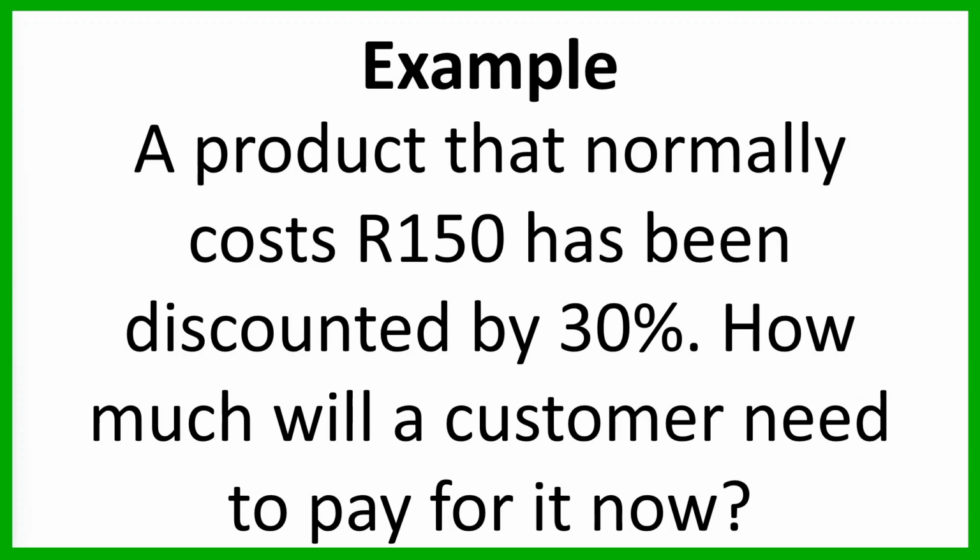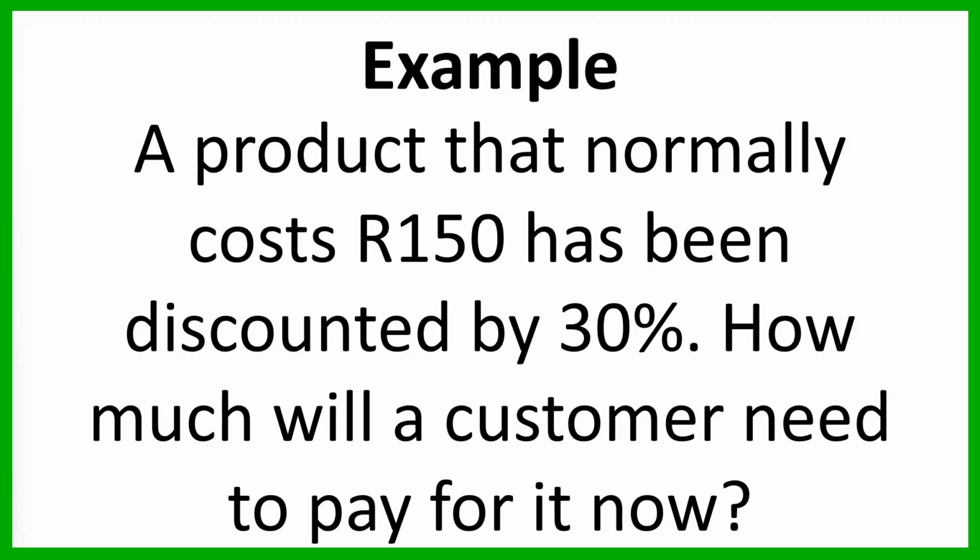But this time, we've been given the amount before the percentage change. We've been told what the normal amount is, and we have to work out what the customer is going to pay after the discount has been applied. So now what we're going to do is we need to work out the selling price where we have the normal marked price, okay? And we know that it's going to be reduced by 30%.